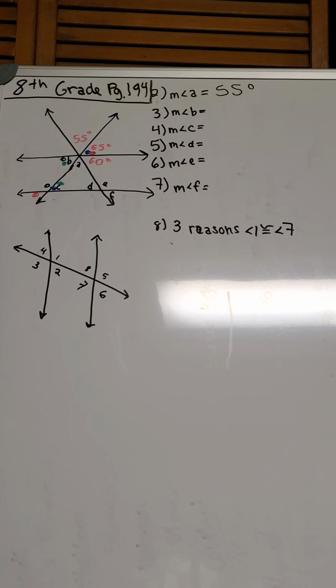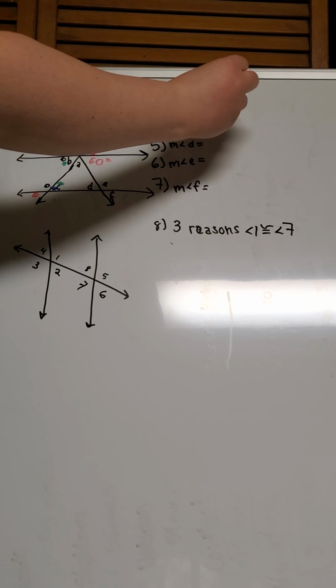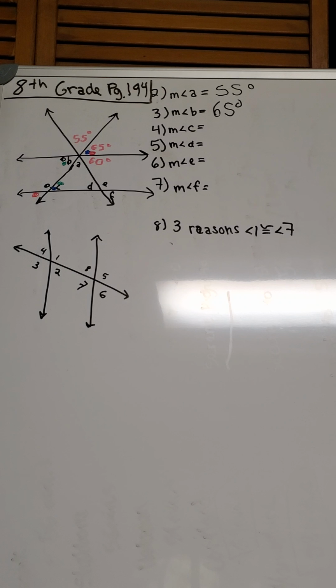For B, let's look at where B is. B is right there. We know a couple things about B. It is alternate interior with C. Also, B is a vertical angle with the angle that is 65. So, based on that relationship, I know that one has to be 65 degrees.